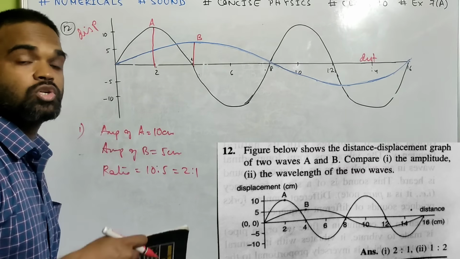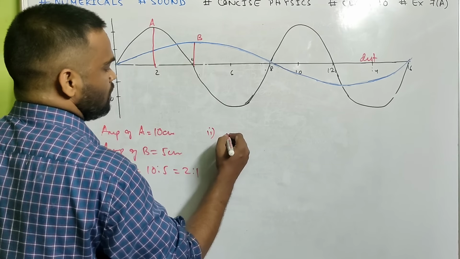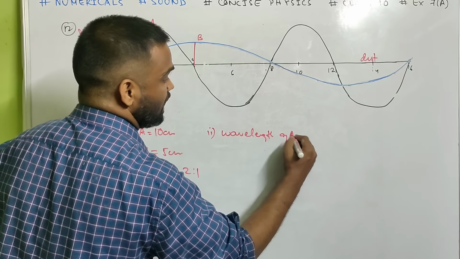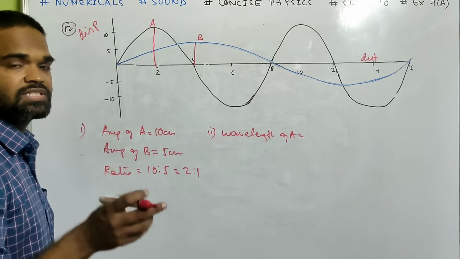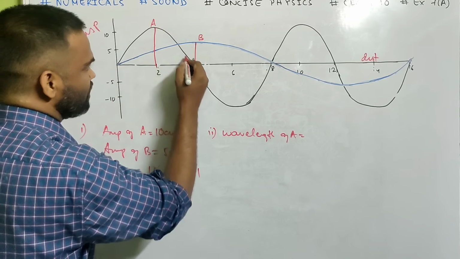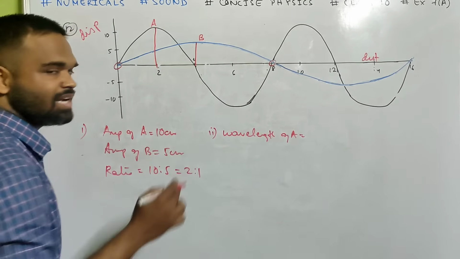Now what they asked? The wavelength of the two waves. You need to compare. Wavelength of A. Wavelength is what? The distance traveled in one time period to form one complete wave. Look at A. It covers 8 centimeters.